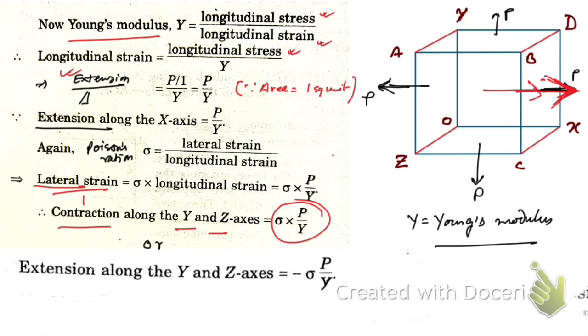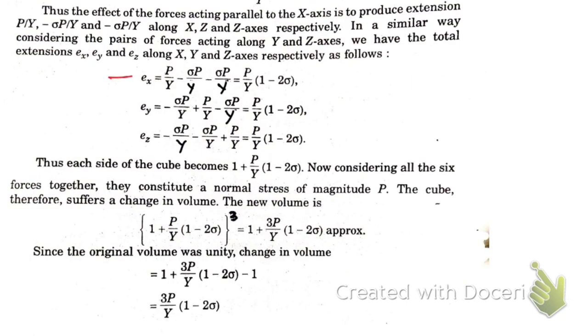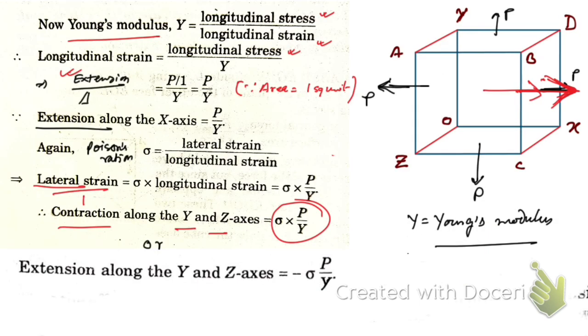So when you need to find the extension along x-axis, Ex, here we have got extension along x-axis as P by Y, right? P by Y is extension. So contraction here is sigma into P by Y, right? Here you see one more thing.